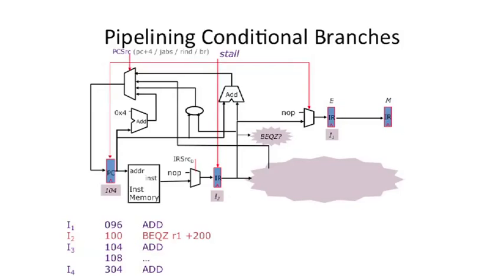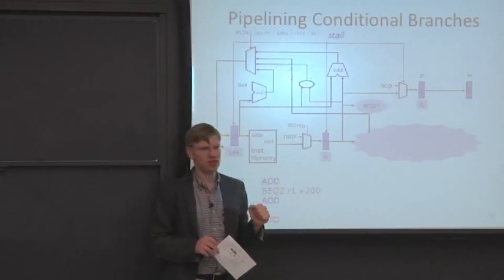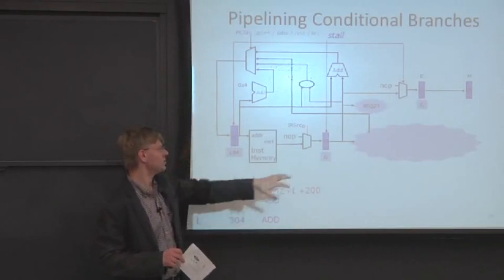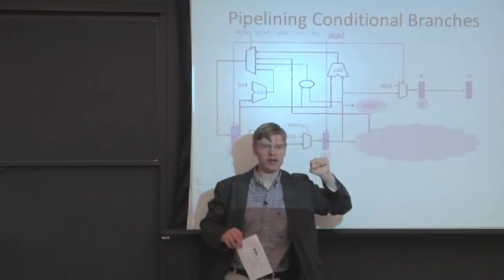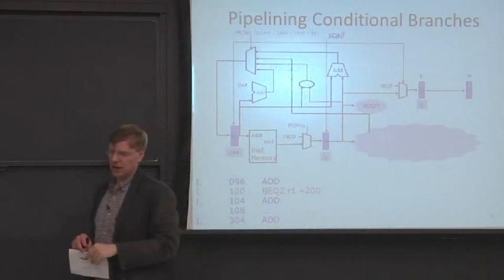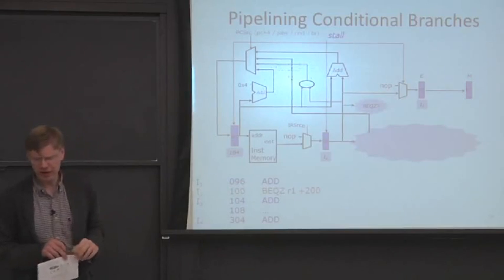And let's walk through this case here. We have I1 is our first add. We have the branch sitting at the decode stage. And we have some decode logic, which is saying, is this a branch? OK.